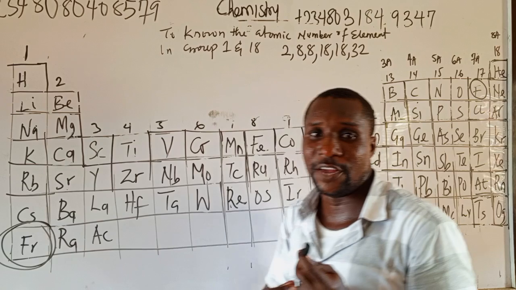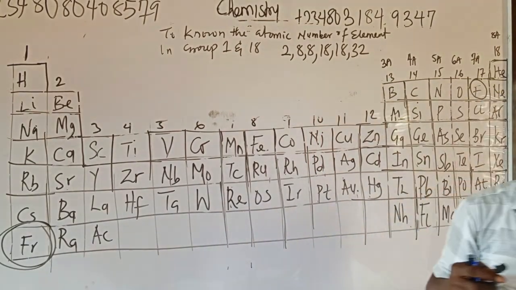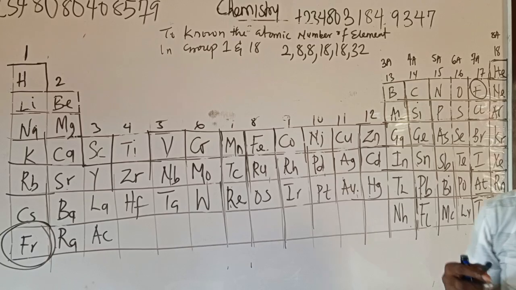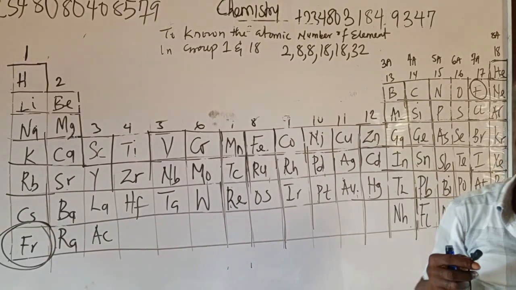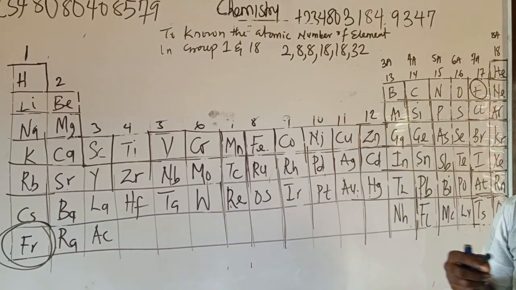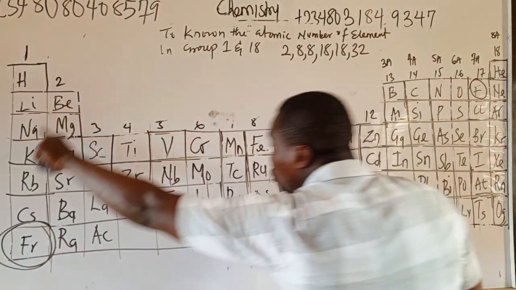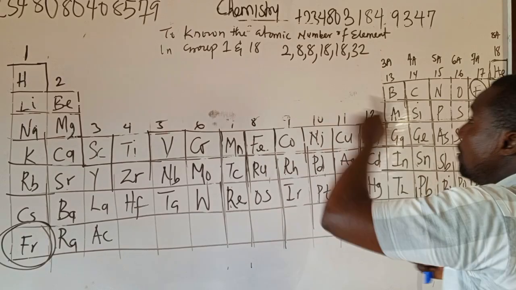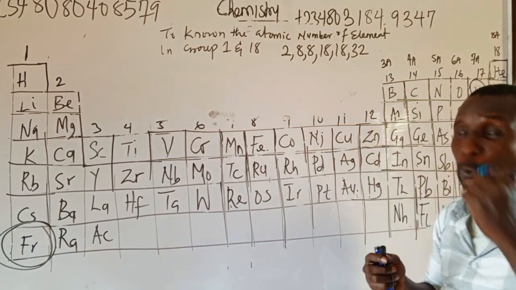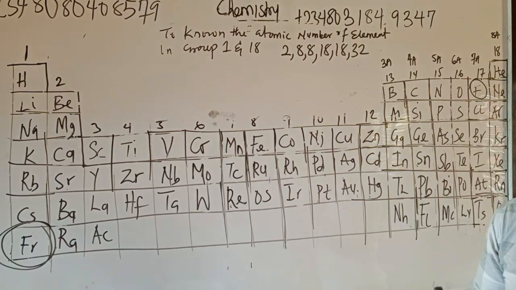It's a very special number. Listen to me. For group 1 and group 18 only, we use this formula: 2, 8, 8, 18, 18, 32.